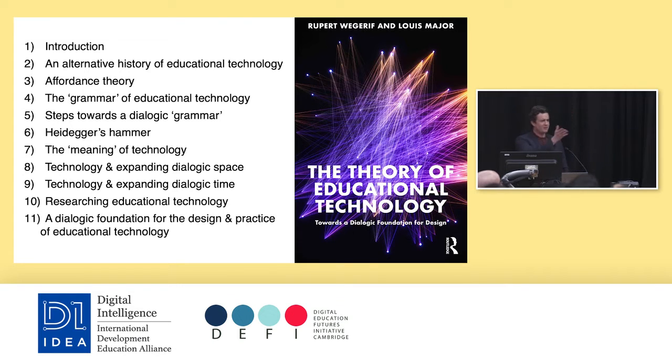In chapter 7, Rupert's favourite philosopher, Gilbert Simondon, who many of you may have heard of through him, looking at what the meaning of technology means, before moving on in 8 and 9 to consider the idea of expanding dialogic space and time, and then before concluding with an evaluation of how we might research and develop education technology, and in 11 proposing this foundational framework.